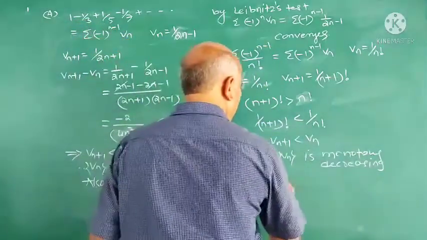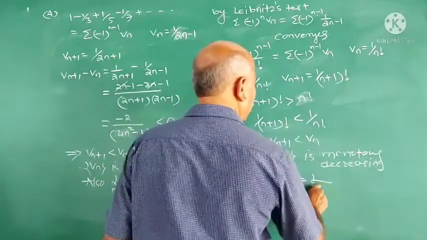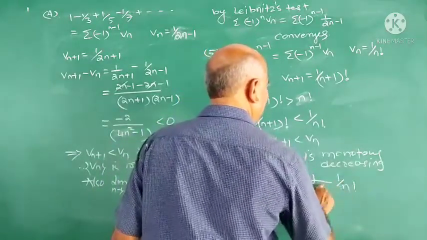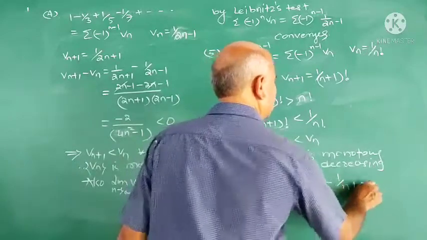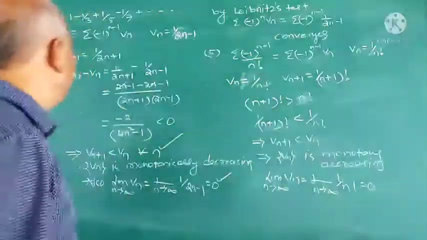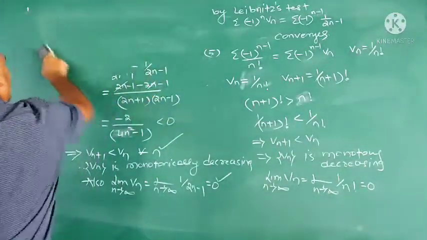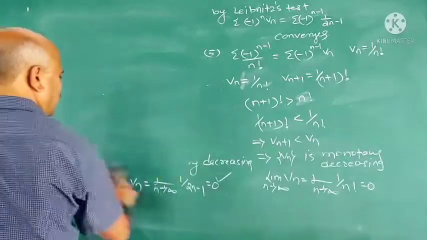Also, limit Vn as n tends to infinity, limit 1 upon n factorial as n tends to infinity, is 0. So both the conditions are satisfied here. What is the first condition? Sequence Vn must be monotone decreasing.